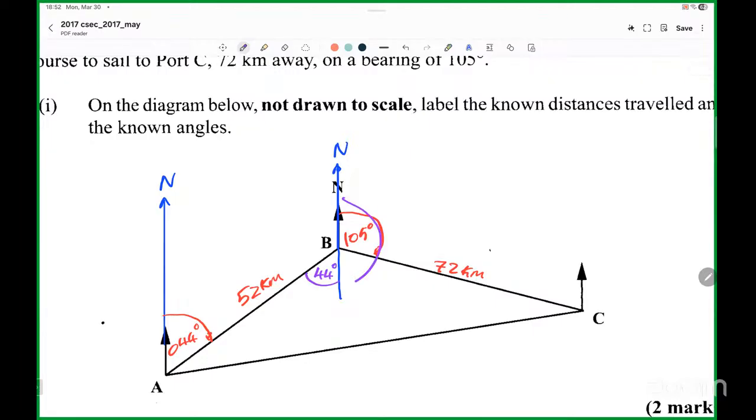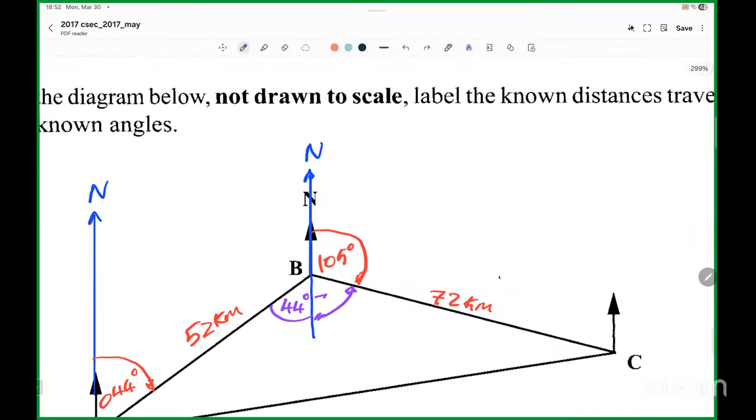And then the total angle on a straight line is 180 on this side. So this angle becomes 180 minus 105, because the total angle on a straight line is 180. So 180 minus 105 is 75.